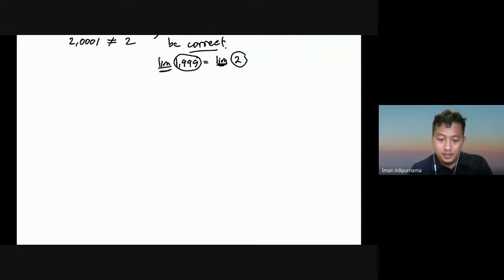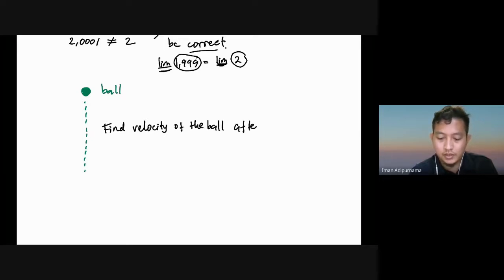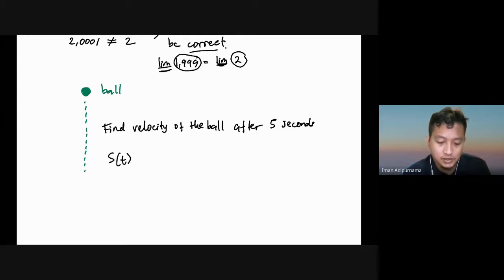Another thing that I want to make sure of is, I think in physics you learn that if you have a ball and you drop it, and then maybe it's telling you to find a velocity, maybe after 5 seconds, if you have the distance equation, 4.9 t squared.